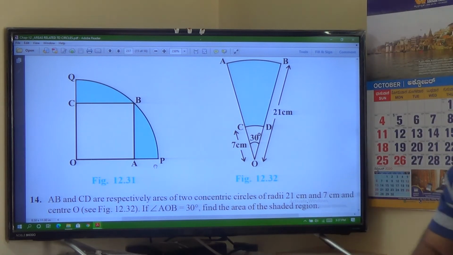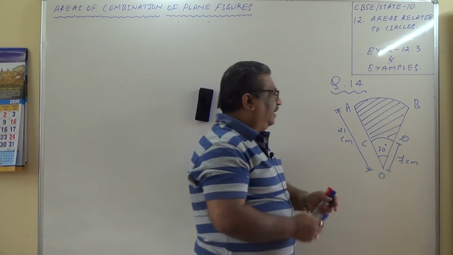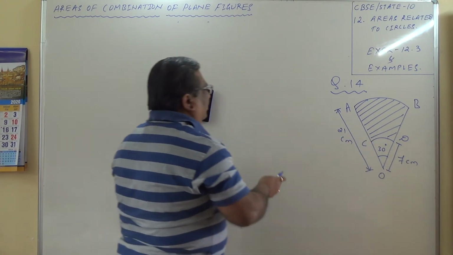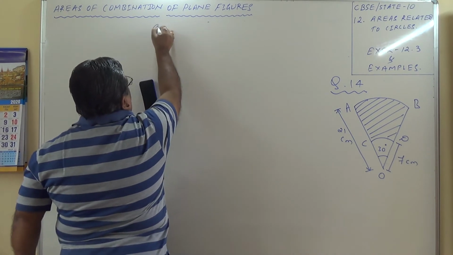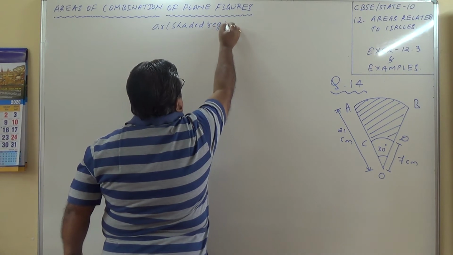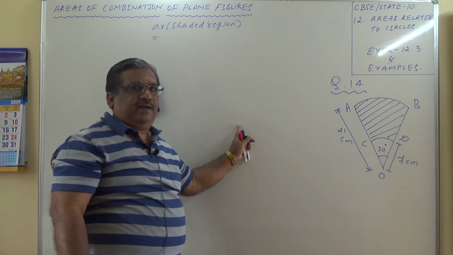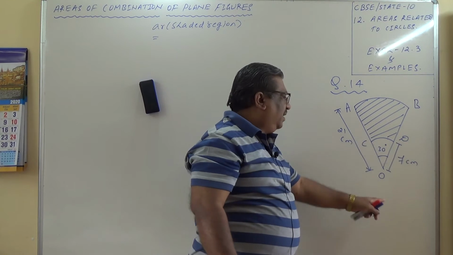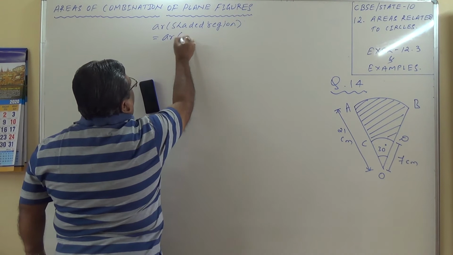Let us solve this. This is the diagram given, and area of the shaded region is area of the sector OAB minus area of the sector OCD. Is it clear?